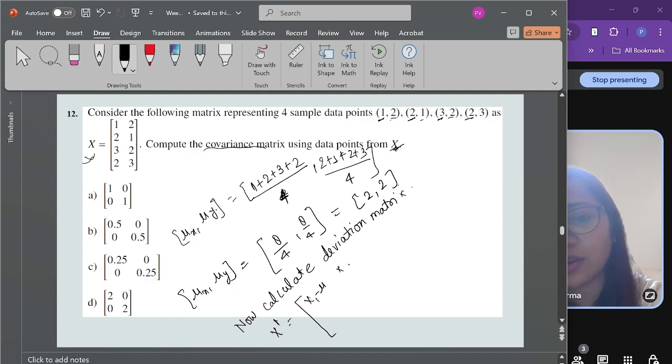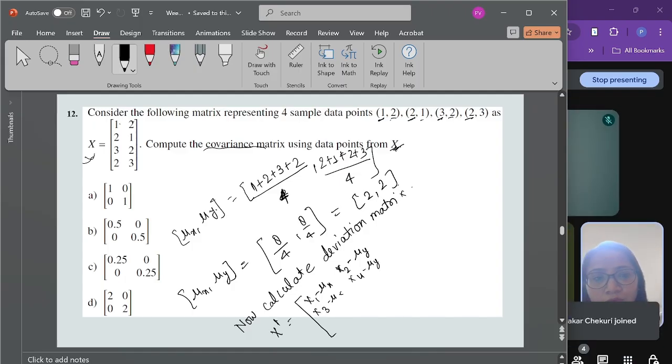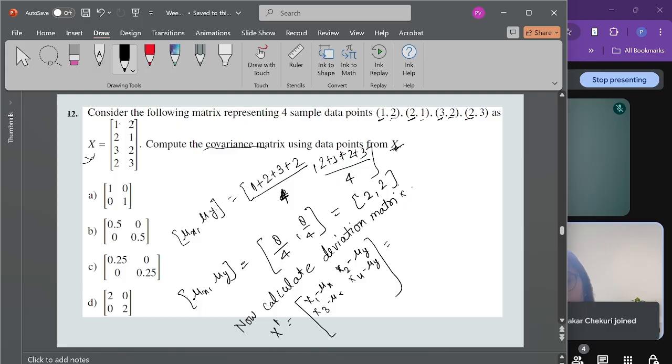That is x1 minus mu x, in the x direction, and y1 minus mu y. Then x2 minus mu y, x3 minus mu x, and x4 minus mu y. Similarly, we just take a minus to calculate the deviation matrix.